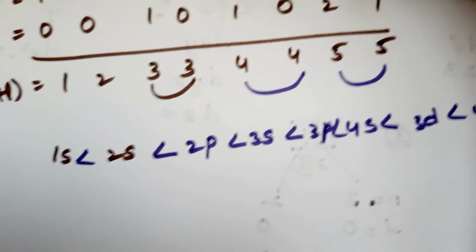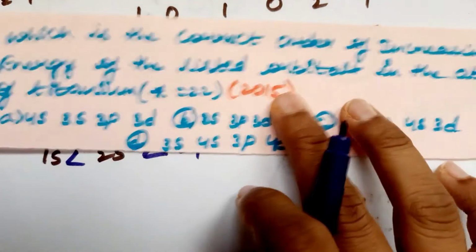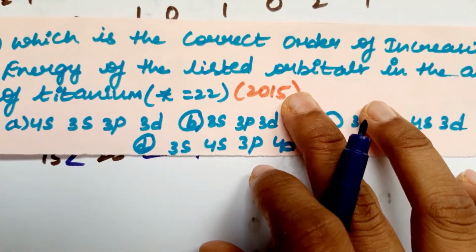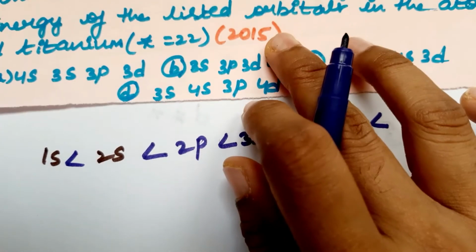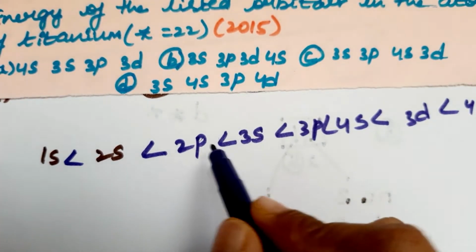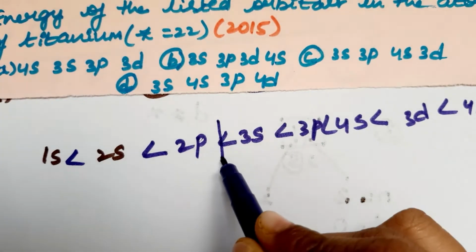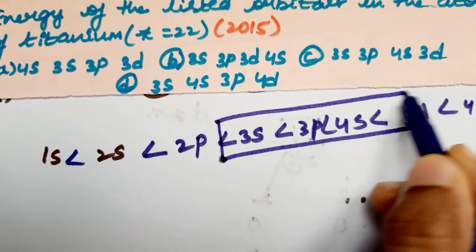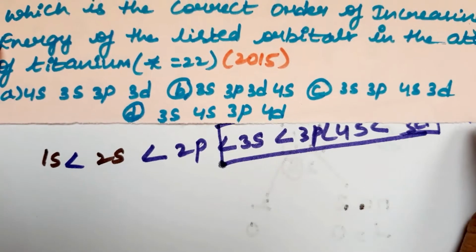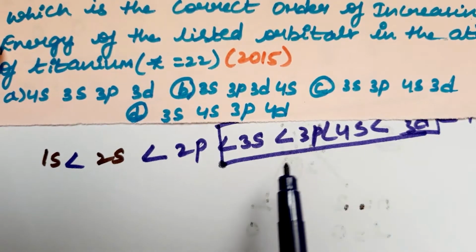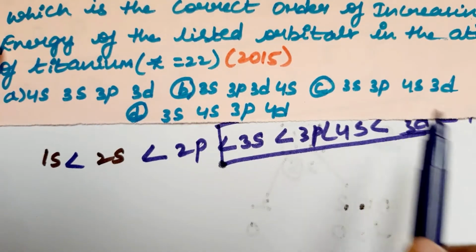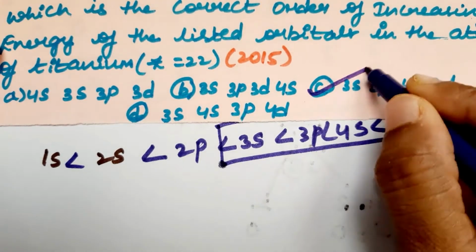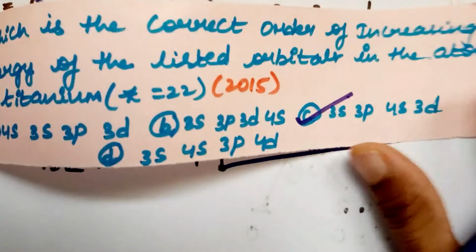Observing these energy levels, what is the filling order? 3s, 3p, 4s, 3d. That means option C is the correct option for this question.